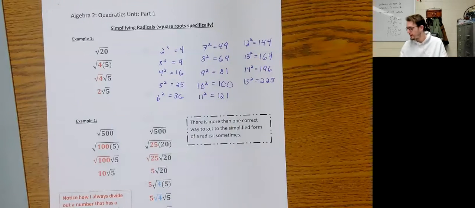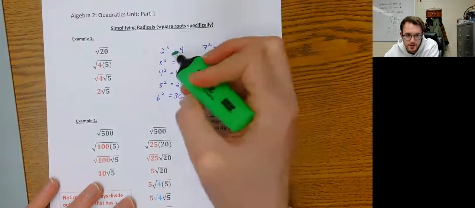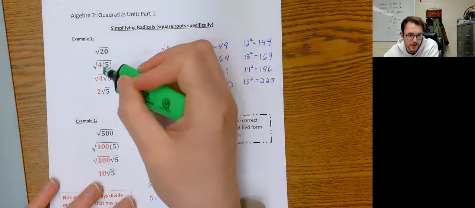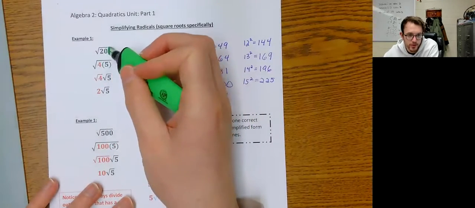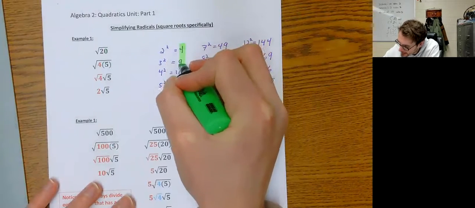What you're going to want to remember from here is that when simplifying square roots, the numbers you're going to want to divide by are these perfect squares. Like you see there, I divided a 4 out. I factored 20 into 4 times 5 because 4 is a perfect square.